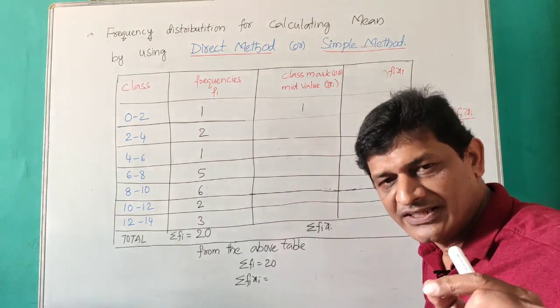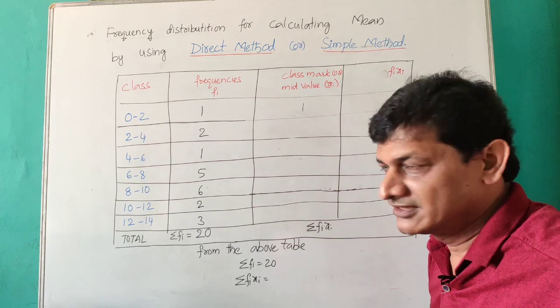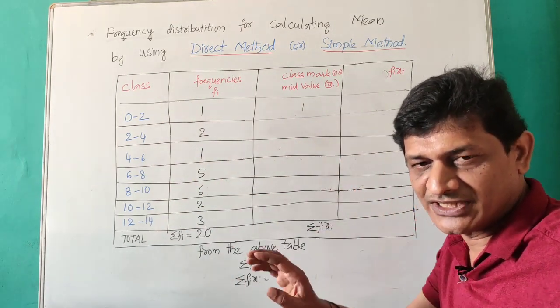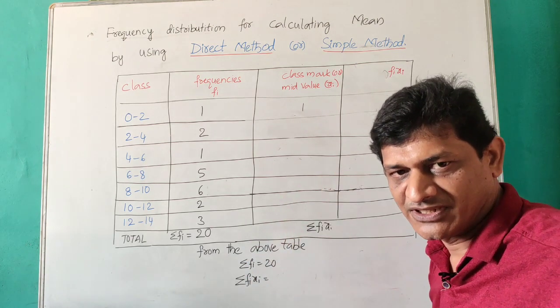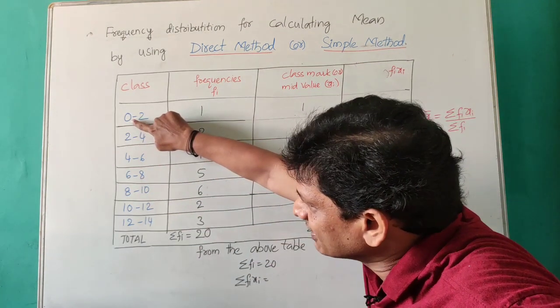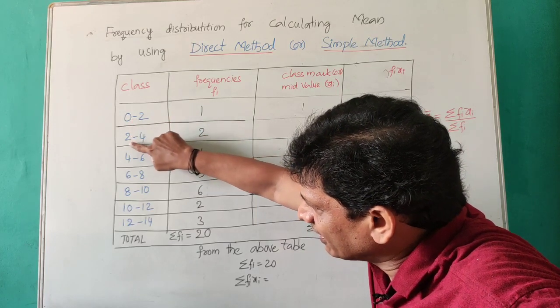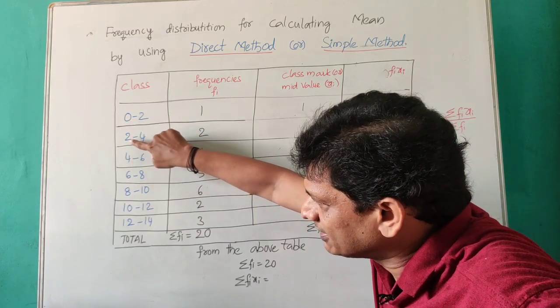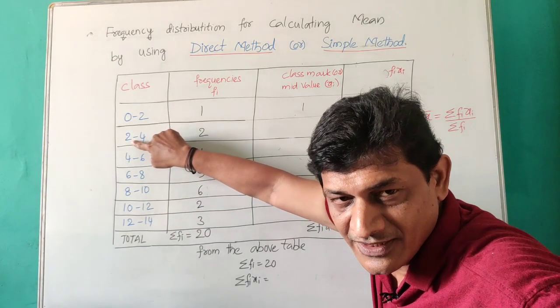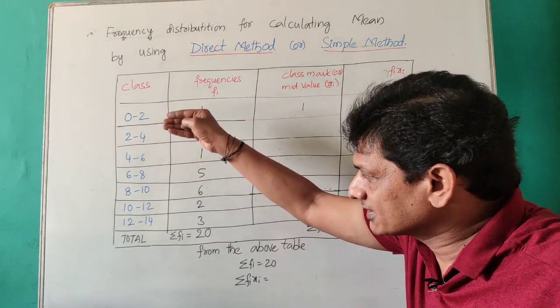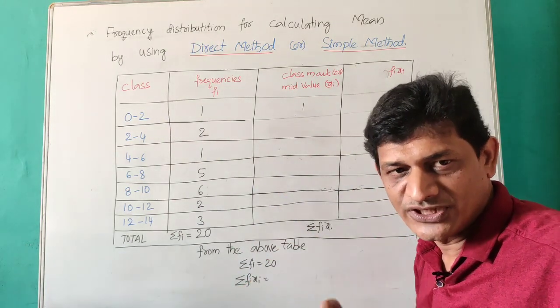After finding the mid value of one class, if all the classes are of the same size, then without calculating the remaining class marks, directly check the class size here. Check the lower limits, they are increasing by 2. Each lower limit is 2 more than its preceding one, isn't it? That means all the successive lower limits are increased by 2 each.